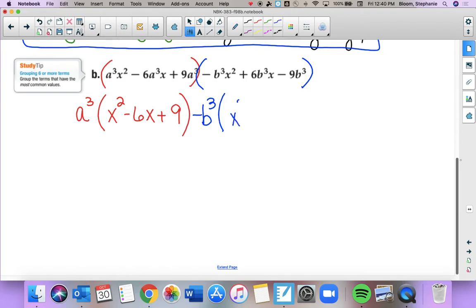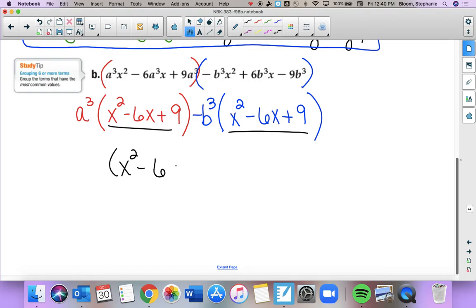So I would have left x squared minus 6x plus 9. Did that work? How do you know it worked? Good, the parentheses match. All right, so we can bring down x squared minus 6x plus 9, and then that leftover goes in parentheses a cubed minus b cubed, okay?